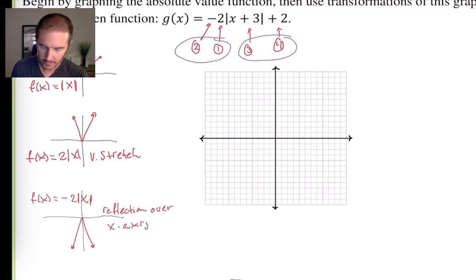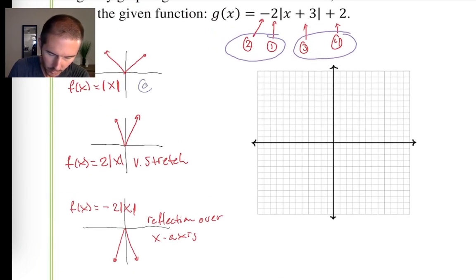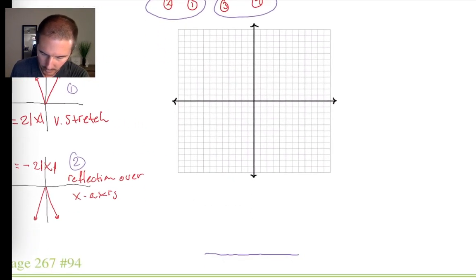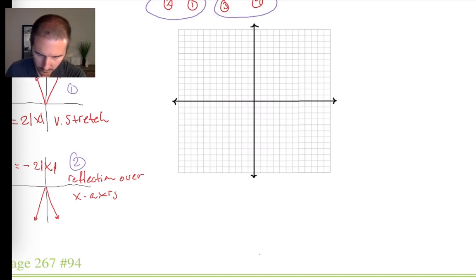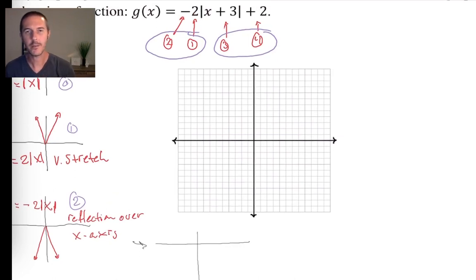And then we need to incorporate the third element. So this is our parent function. This is after our first modification. This is after our second modification. And then let's move over here to do our third modification, which says plus 3 inside our function.